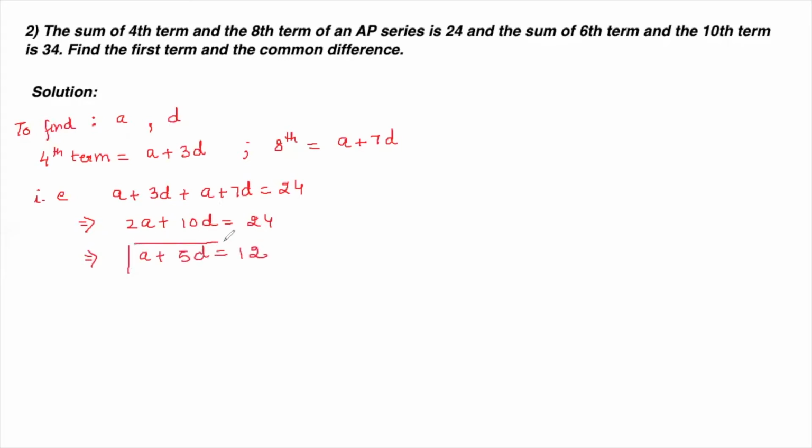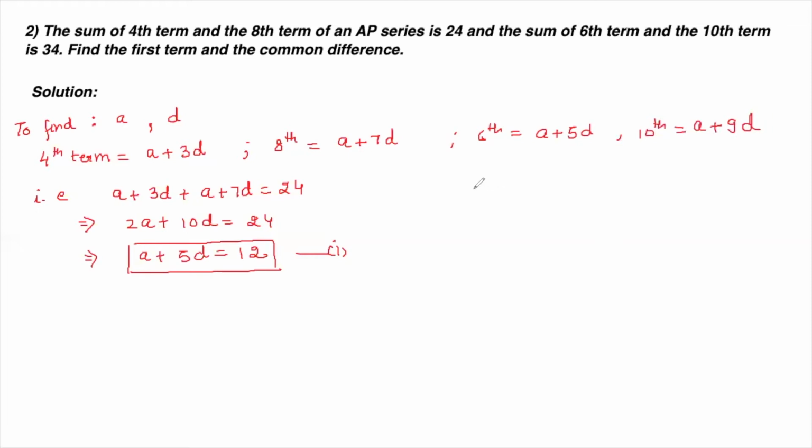So this is my first equation. Now let's move on to the second part. It is given the sum of the sixth term and the 10th term is 34, right? So what is the sixth term? Sixth term we can write as A plus 5D, right? And the 10th term we can write as A plus 9D.